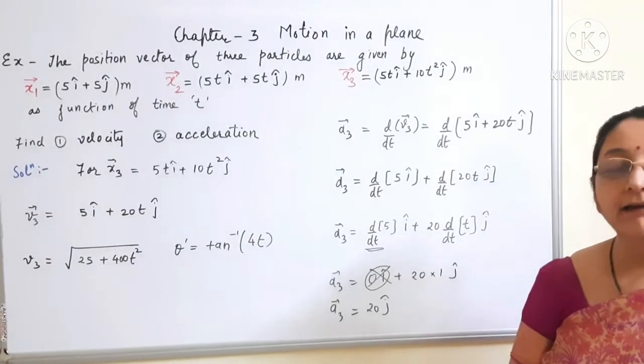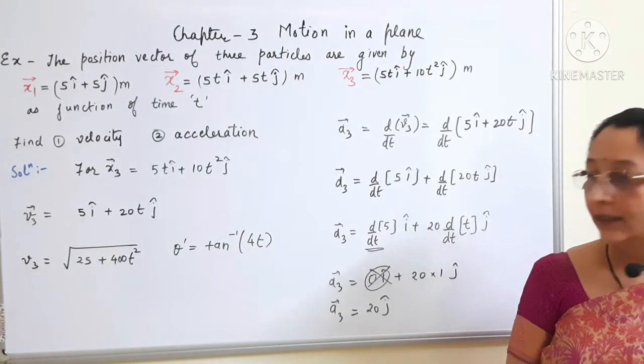So the acceleration of the third particle is 20j.